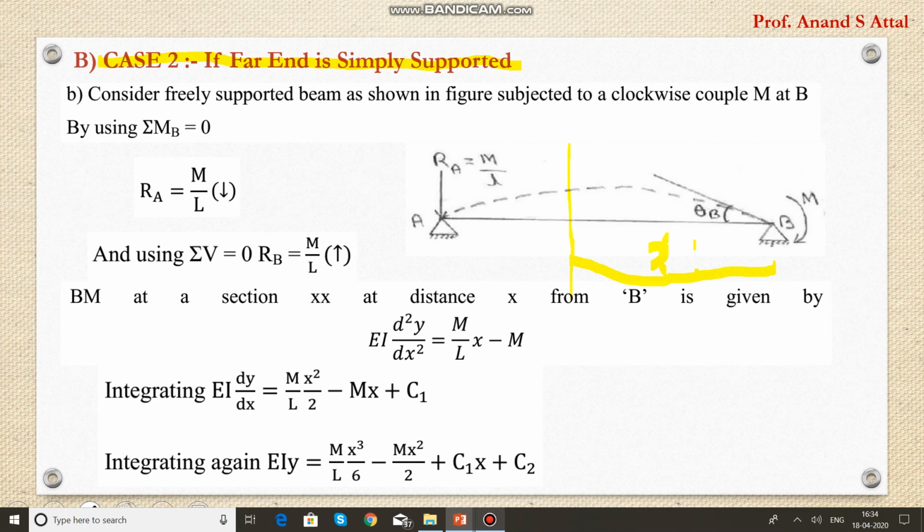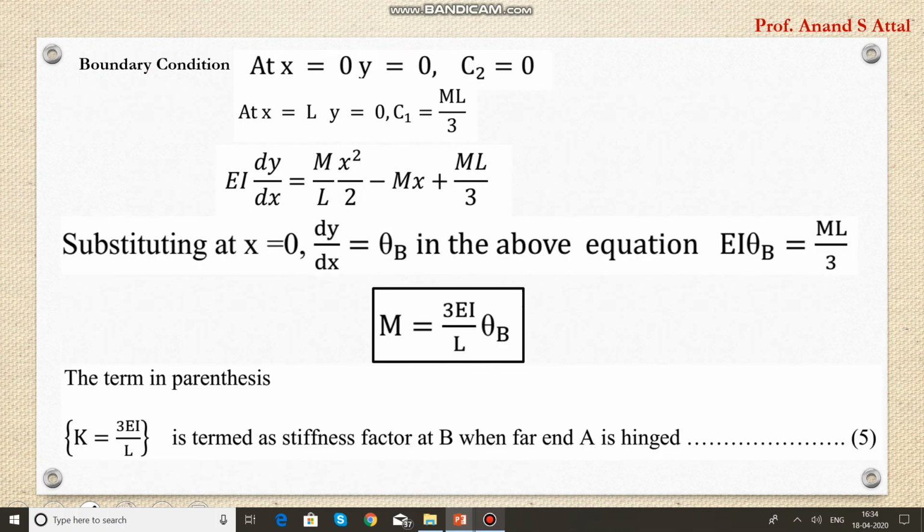Again integrating, we get the deflection equation EI y = (M/L) x³/6 minus Mx²/2 plus C1 x plus C2. Boundary condition at x = 0, y = 0, so C2 = 0. At x = L, y = 0, so C1 = ML/3.